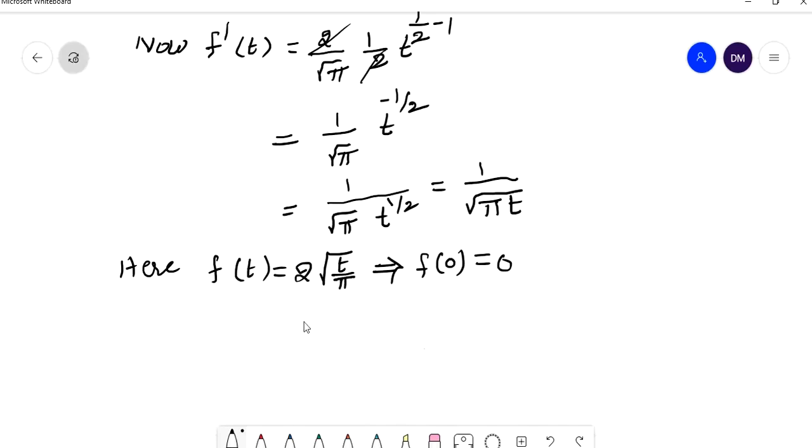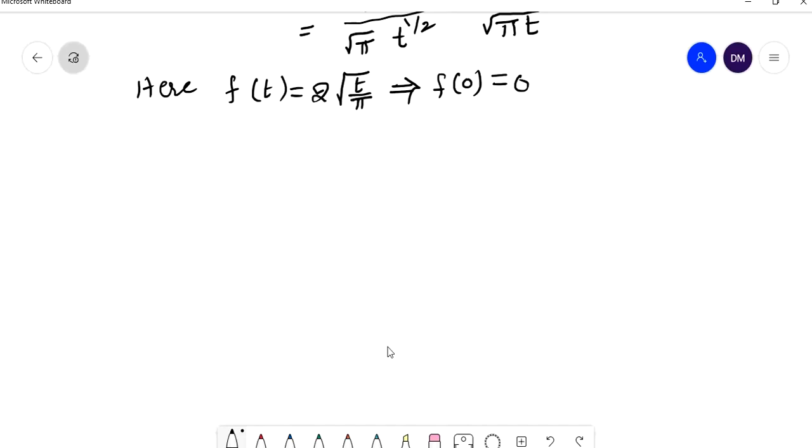Now we can apply the Laplace transform of derivative property to get the Laplace transform of 1 by root pi t. Here 1 by root pi t is the value of f dash of t, which is the derivative of f of t, right. So to get the Laplace transform of 1 by root pi t, I am using the Laplace transform of derivatives property.